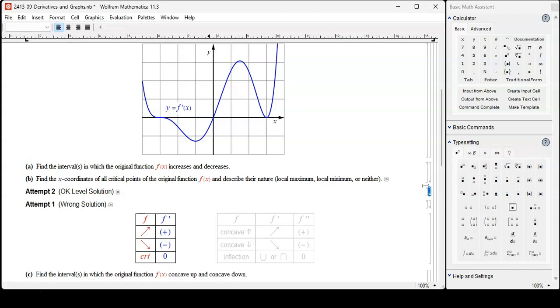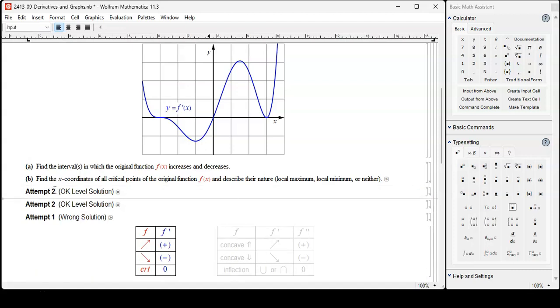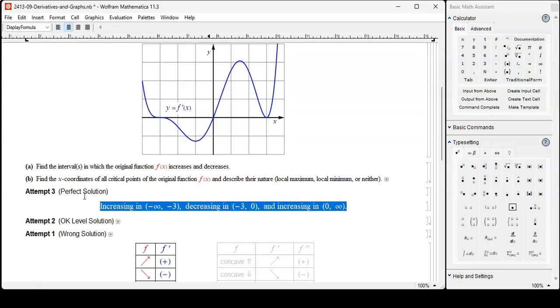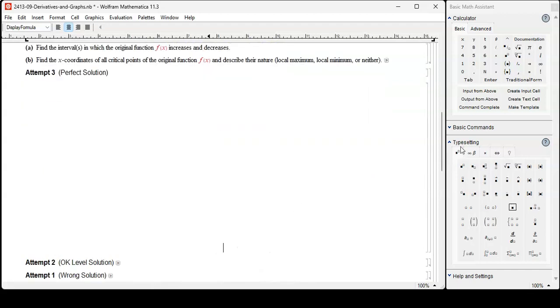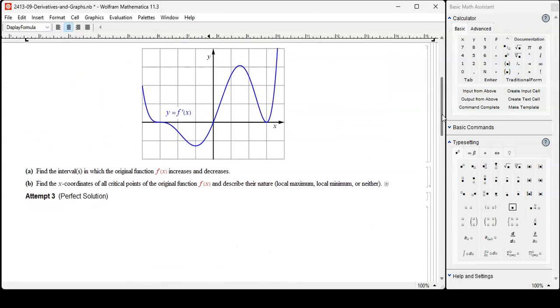Okay, then, how can we make it right? Let's discuss the perfect solution. In this case, let's put some space in between.